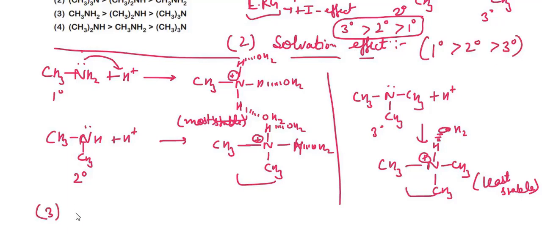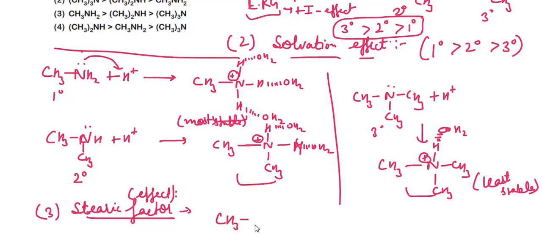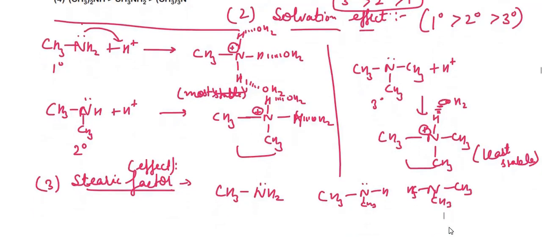Now the third factor here is steric factor, or we can say steric effect. When we observe this effect, in primary there is only one CH3 group, in secondary there are 2 CH3 groups, and in tertiary there are 3 CH3 groups. So the tertiary one is more sterically hindered as compared to secondary, as compared to primary.